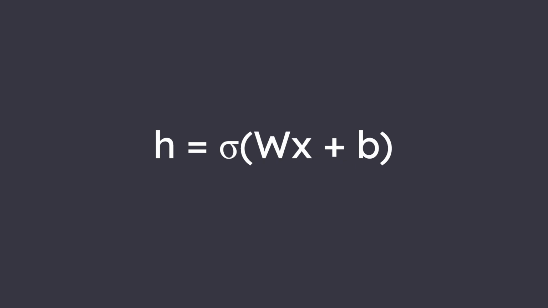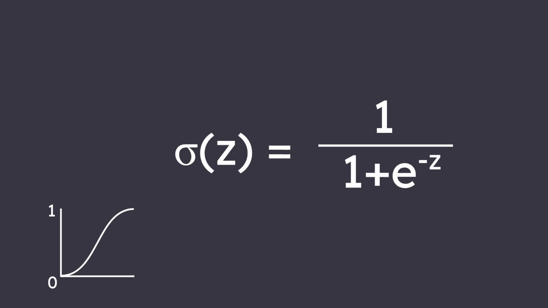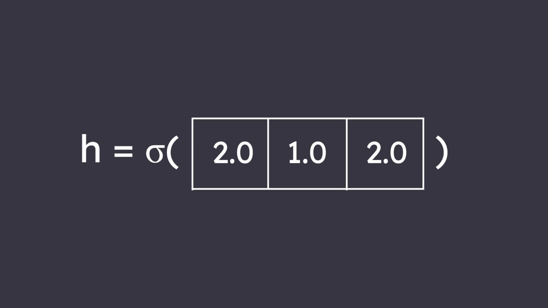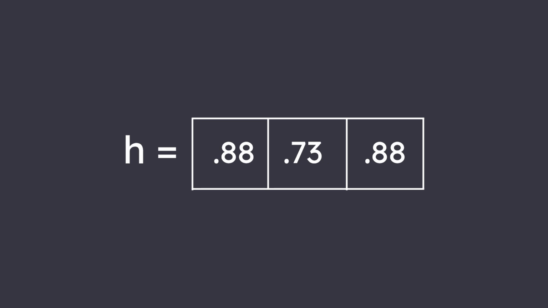Now we'll want to apply the sigmoid function. As a refresher, the sigmoid function is 1 over 1 plus e to the negative z. In this case, z is our vector that we calculated earlier, which gives us 0.88, 0.73, and 0.88.